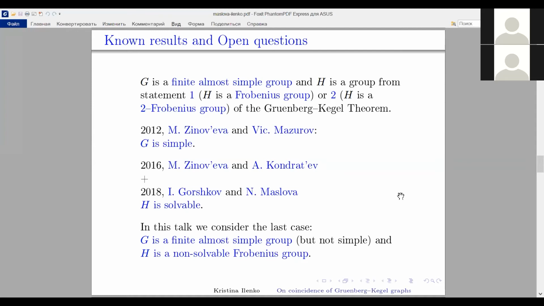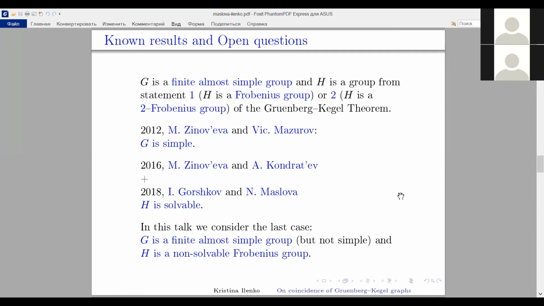In 2016, Mariana Zinovyeva and Anatoly Kondratyev determined the list of all finite almost simple groups such that all connected components of the Gruenberg-Kegel graphs are cliques.